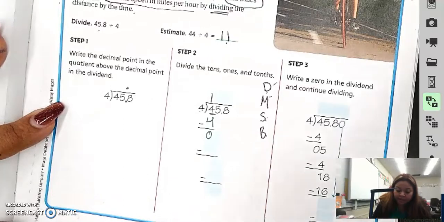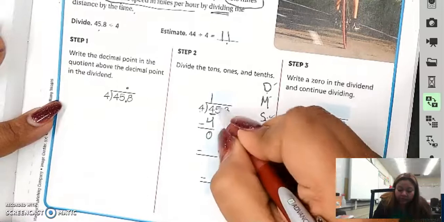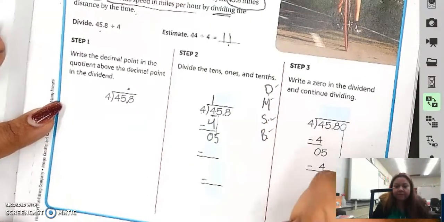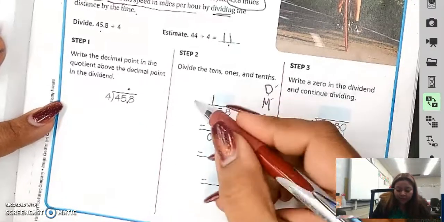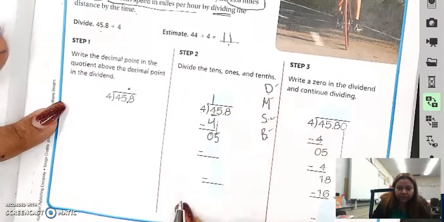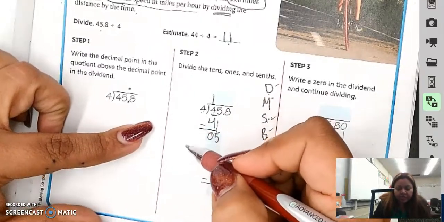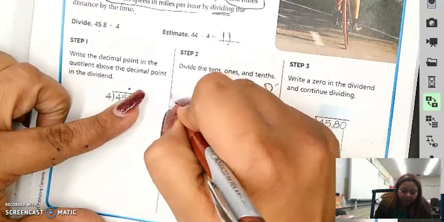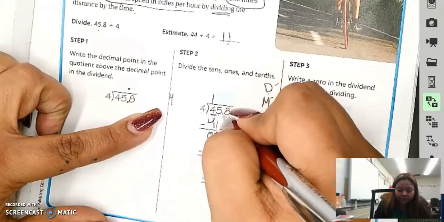My next step is to bring down. I subtracted, now I need to bring down. So I'm bringing down the 5. How many times can I fit the 4 into the 5? I'm going to do the strategy that, if you're having trouble with division and your times tables, you can always write on the side your facts so that it's easier to find the number that you can divide it into.